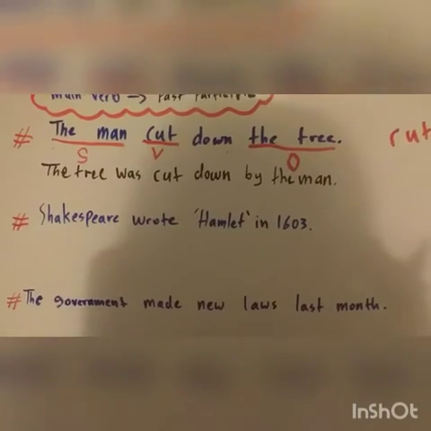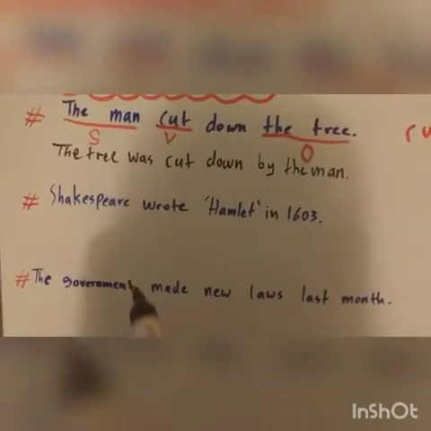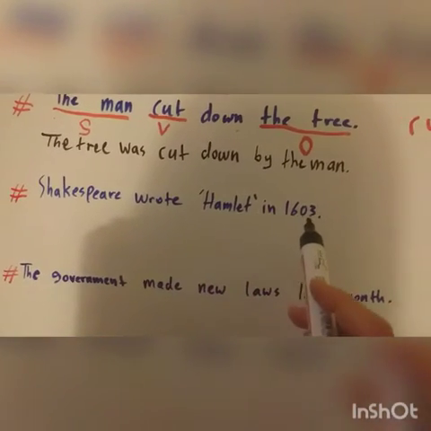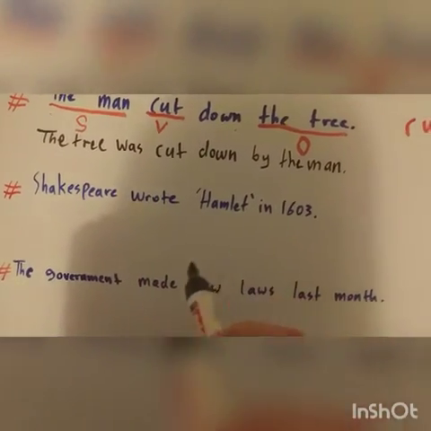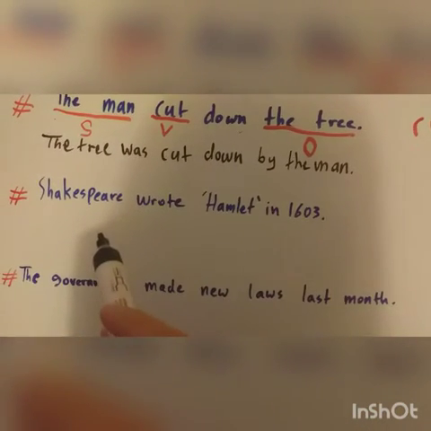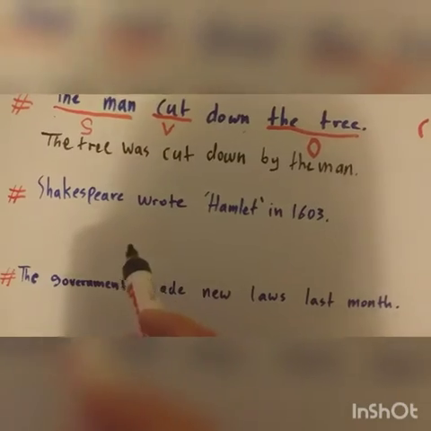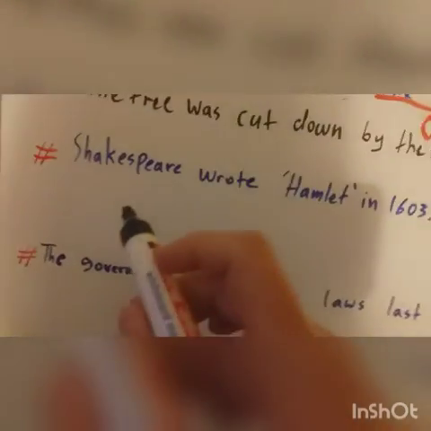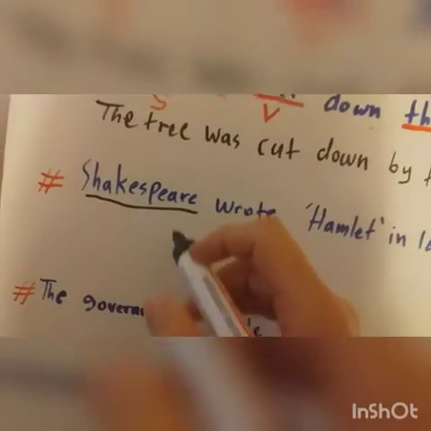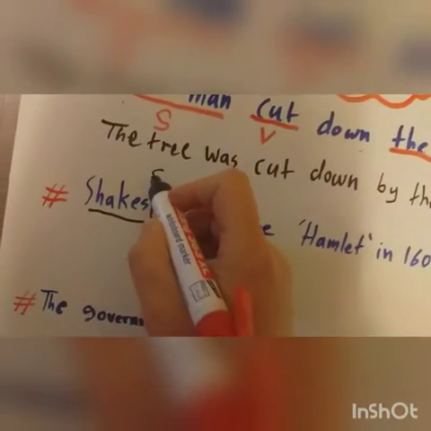In the second example, we have Shakespeare wrote Hamlet in 1603. So in this sentence, we have a doer of the action. So who's the doer of the action? Well, the man who did the action is Shakespeare. So Shakespeare is the subject.